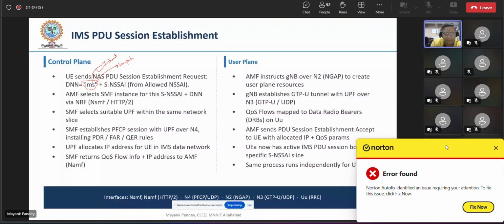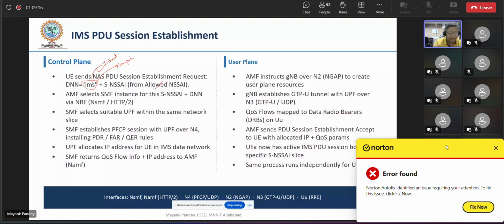So this PDU session establishment request, DNN equal to IMS, and from the list of allowed NSSAI you got, one single NSSAI you will send in your establishment request.